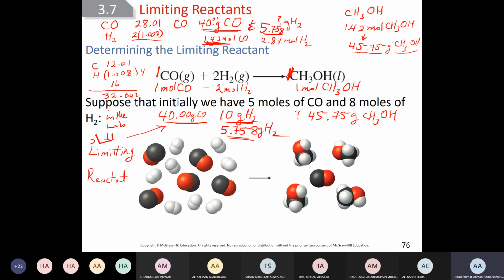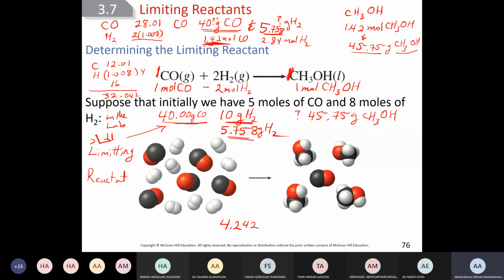And the rest, what's the difference between 10 and 5.75? Subtract. 4.242 gram H2.